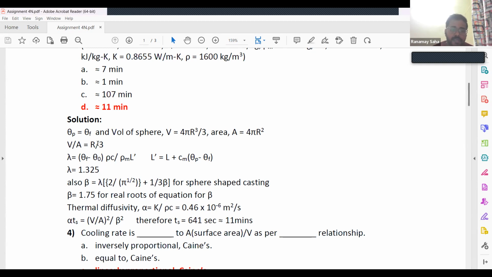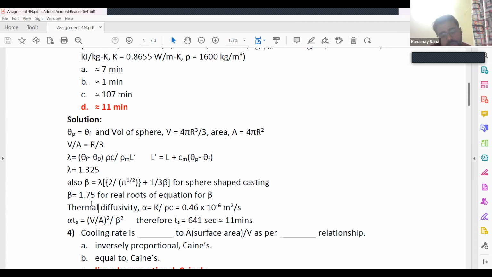You divide it by the molten metal density and the effective latent heat, which in this case should be equal to the actual latent heat only, 272 kilojoule per kg. And then you multiply this by the rho c for the mold, right? So that way you find lambda, you put lambda in the equation for beta, and you get a polynomial equation, right? So when you solve that equation, you get the value of beta. You should, of course, ignore the negative root. So you have only 1.75 as the beta value.